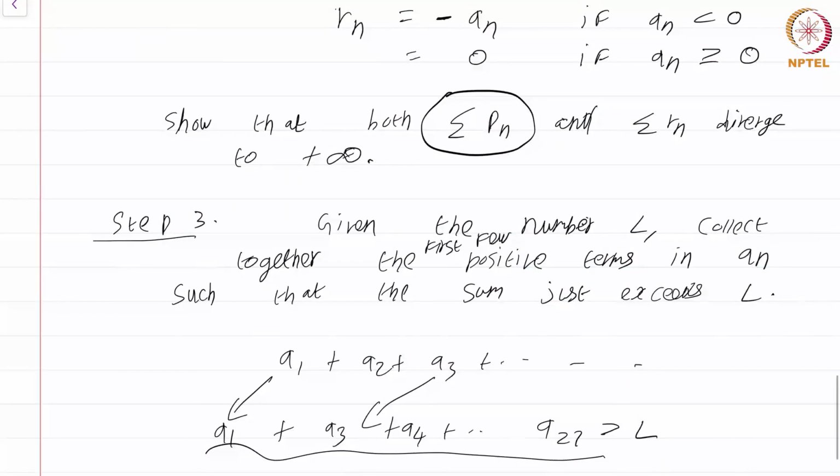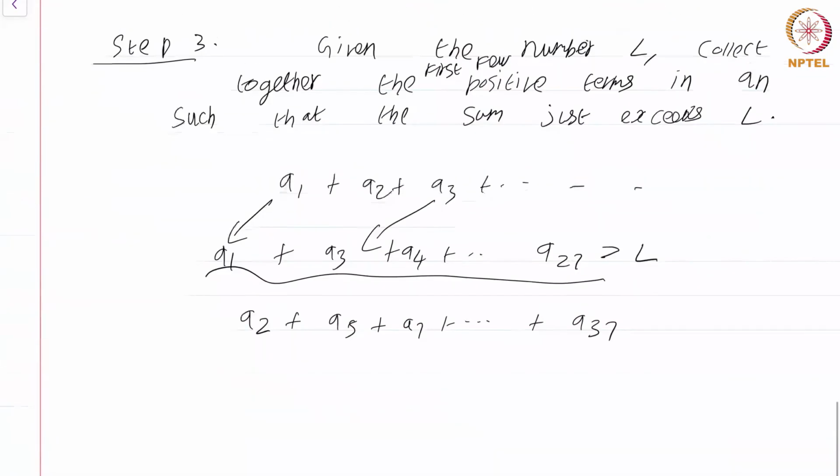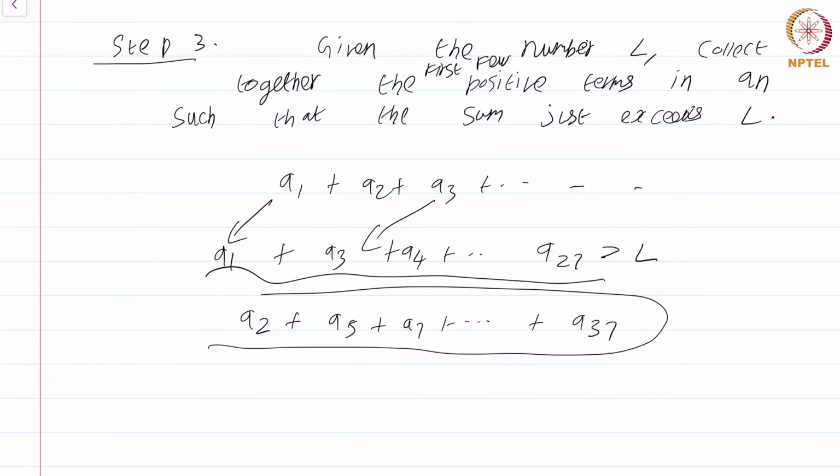Note that this series r_n also diverges, to minus infinity. So in particular, this quantity can be made as negative as you desire. So what will happen is when you add enough of these terms to the previous set of terms, there will come a point where it will become less than L again.